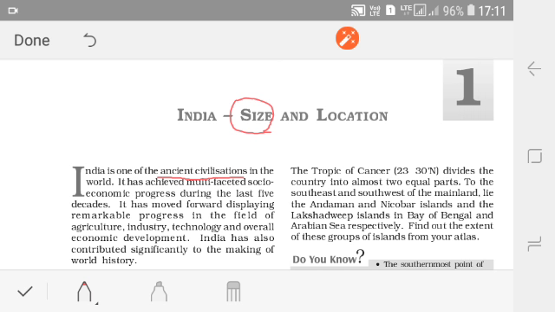The word civilization is used because early man started leading a settled life. Before that they were food gatherers. They used to wander from one place to another, grazing the animals, collecting fruits and foods to eat. But when they became food producers, they settled on the banks of the river Indus, and from there slowly the civilization started.